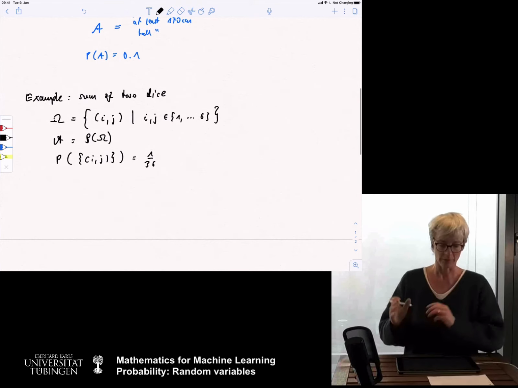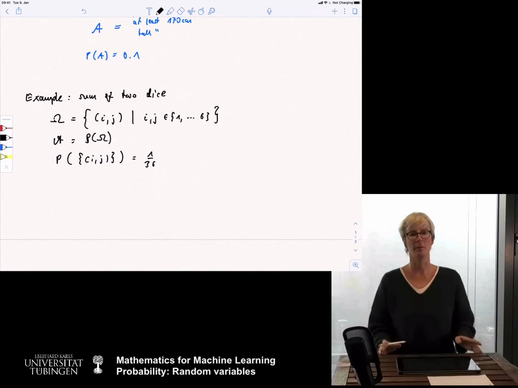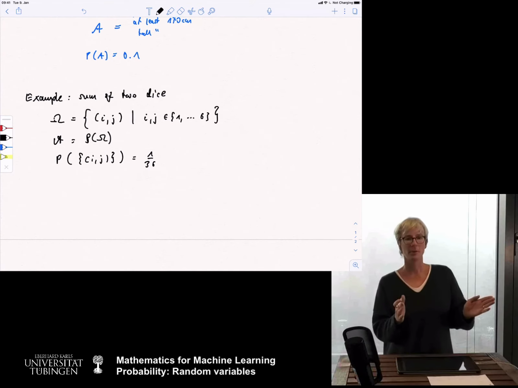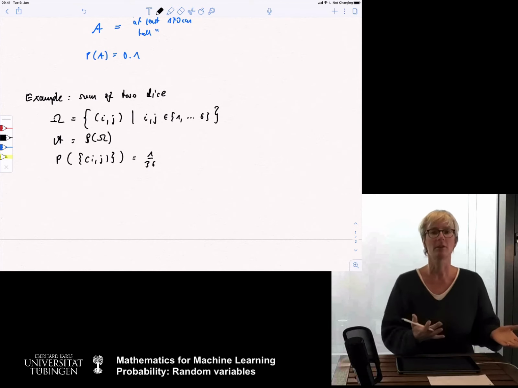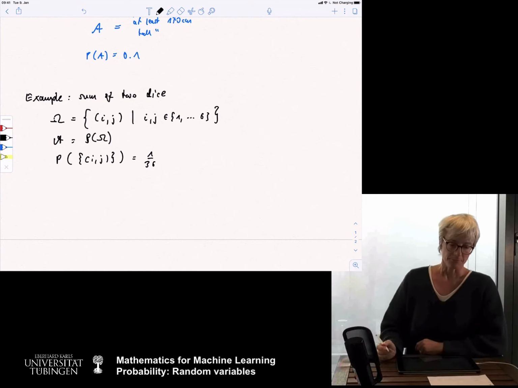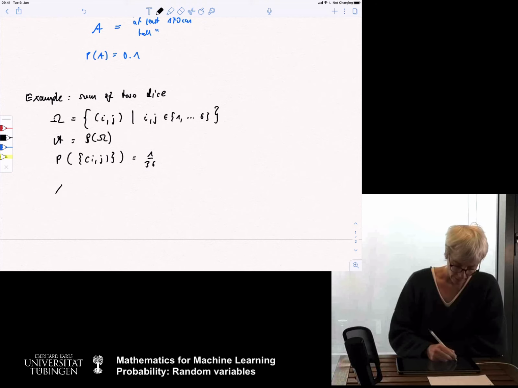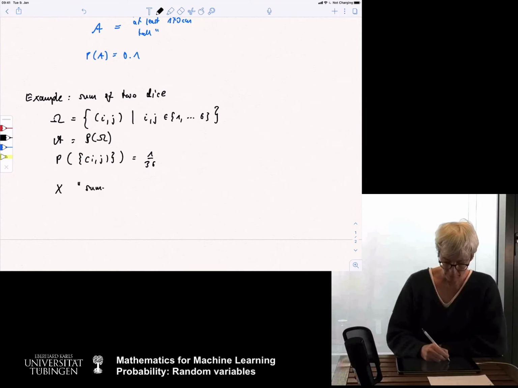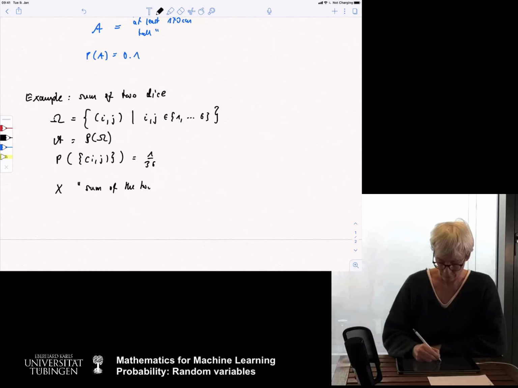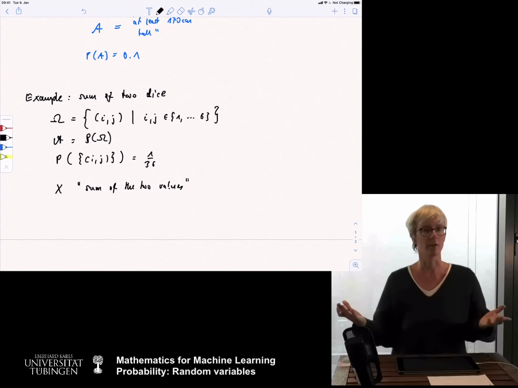For now we don't have any random variable yet. This probability space typically models these kind of elementary events. And now we want to define a random variable X that is just the sum of the two values. This is the intuition, because we might be interested in that.